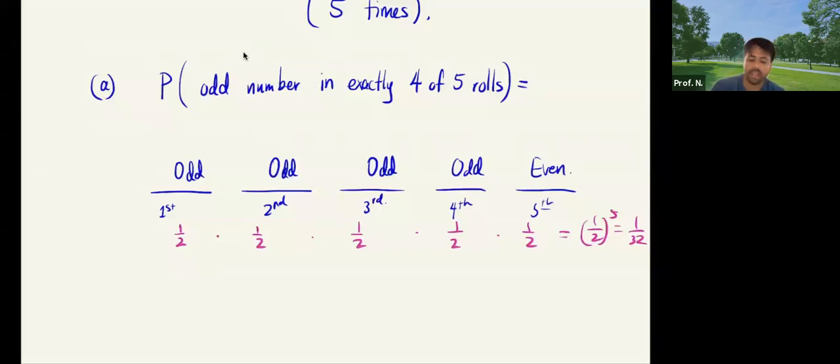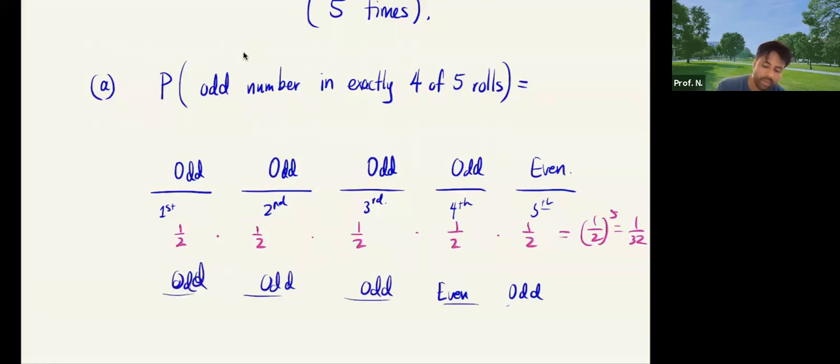But of course, this is not the only configuration where I get 4 out of the 5 rolls being odd. I can also have even, odd, odd, odd, odd. Isn't this also possible? So isn't this probability the same thing, 1/32?